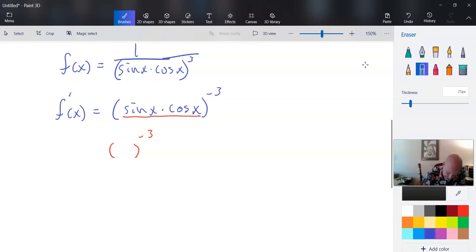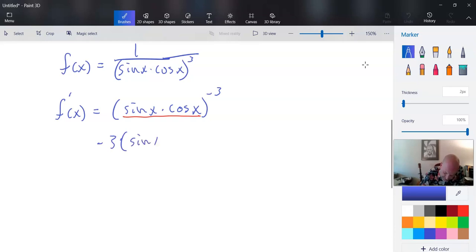So we'll bring down the negative 3, and I have negative 3 times sine x times cosine x to the negative 4th. We're reducing it by 1, that means it becomes more negative. Okay, so that's the derivative of the outside.